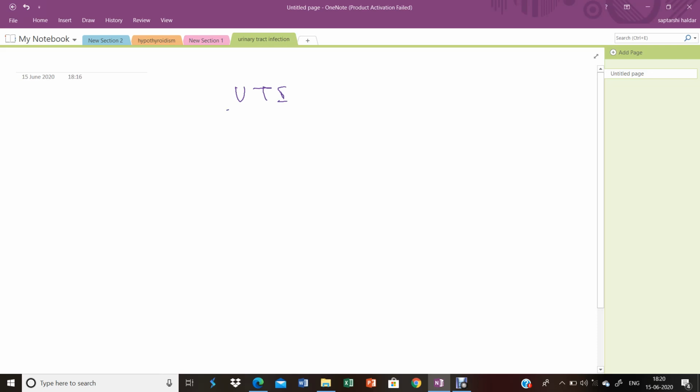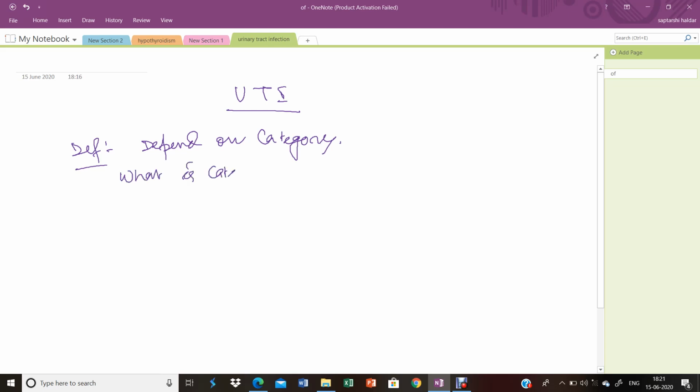Urinary tract infection. First, what is the definition? The definition depends on category. Then, what is the category? There are five types.